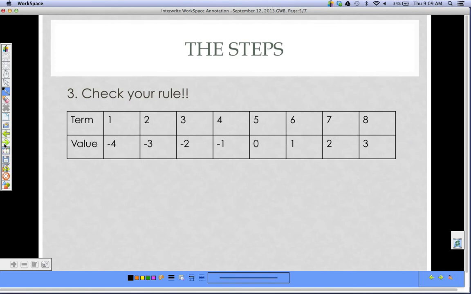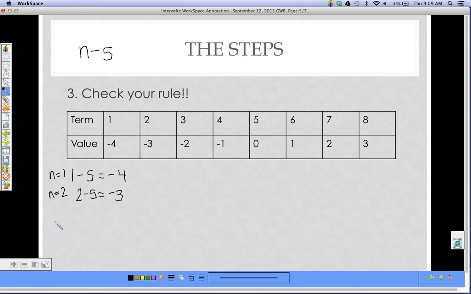Okay, the table is already filled in. This is still the same one. We have to check our rule. So we said that our rule was n minus 5. So if we have 1, well, 1 minus 5 equals -4. We're good. So this is when n equals 1. When n equals 2, 2 minus 5 gives us -3.